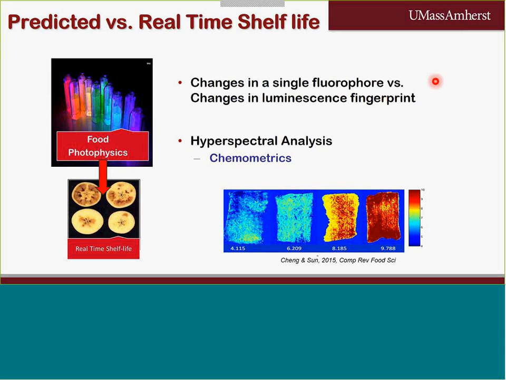And as I mentioned before, for example, in this one, we see a proliferation of bacteria in a food sample as a function of time. Now the fluorescent fingerprints of this particular sample change over a long time, and this has been correlated with microbial counts.